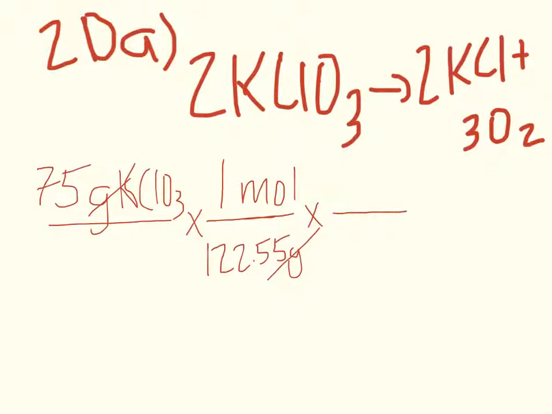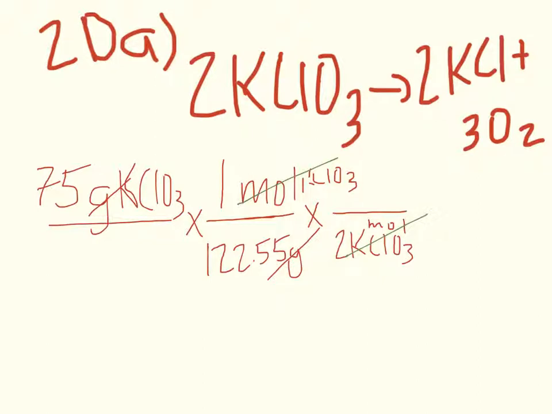In my balanced chemical equation, I have 2 moles of KClO3, which again are going to cancel out.